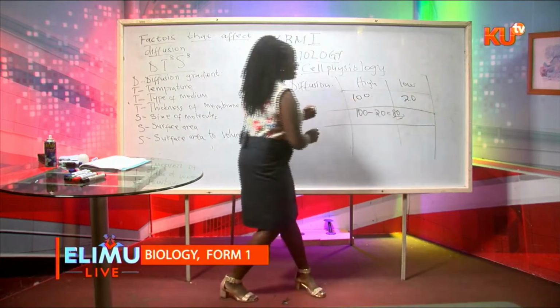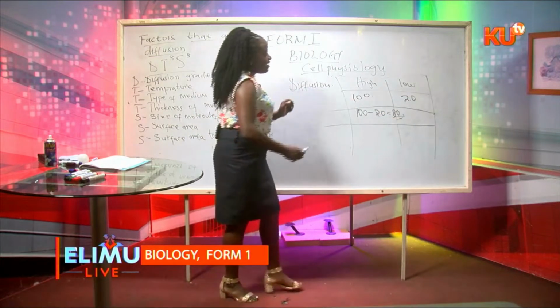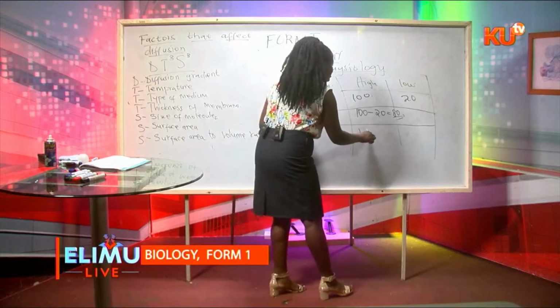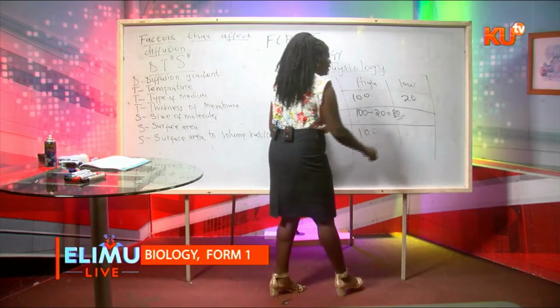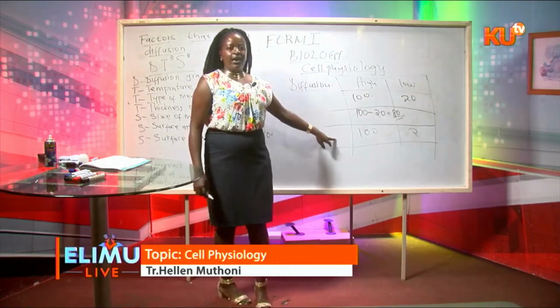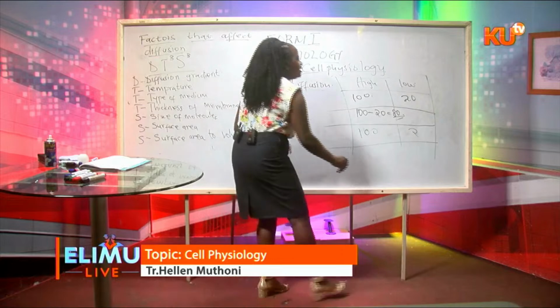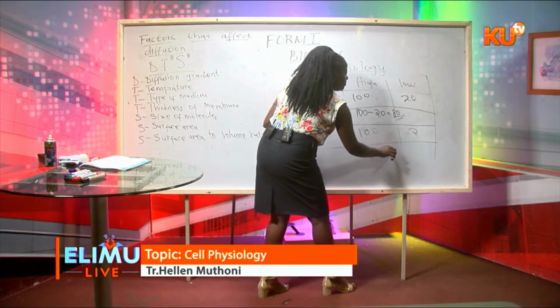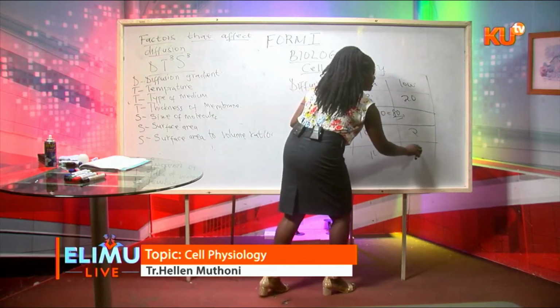Then we have another scenario where we have 100 in the region of high concentration and 2 in the region of low concentration. The diffusion gradient will be 100 minus 2, which is 98.